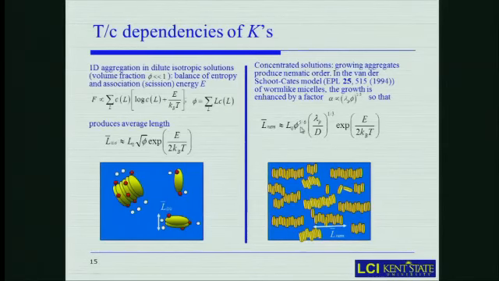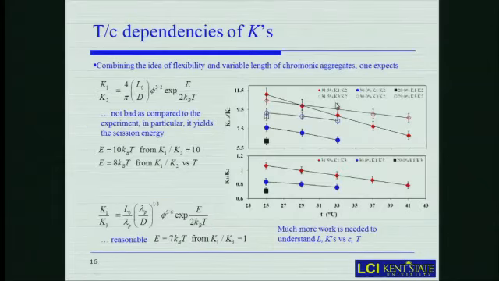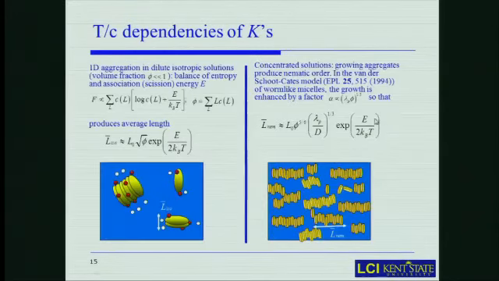Also as a function of the concentration of chromonic molecules, the diameter of aggregates, and the persistence length. So the most important feature probably is that the dependence on the temperature of the system is very strong. It's an exponential dependence, and it comes again from the entropy of molecules in solution.